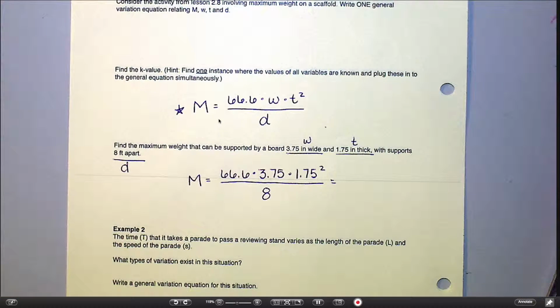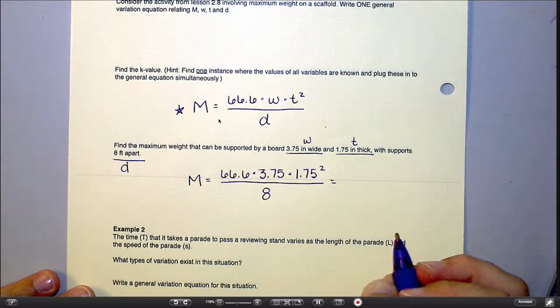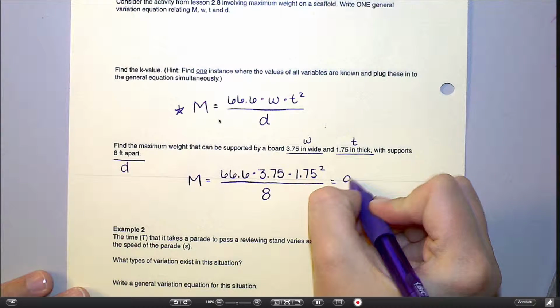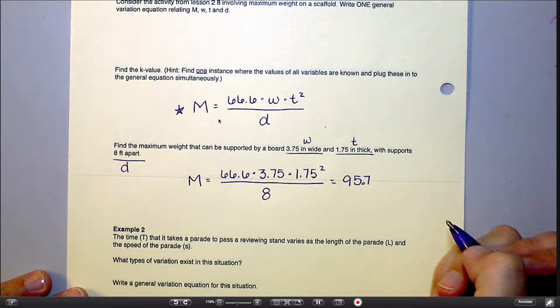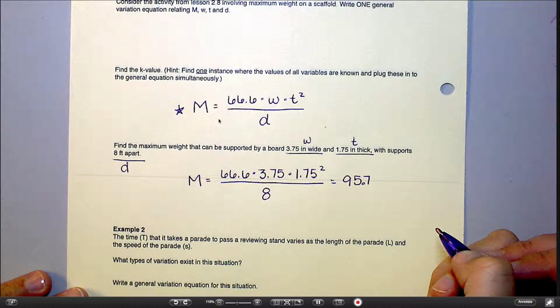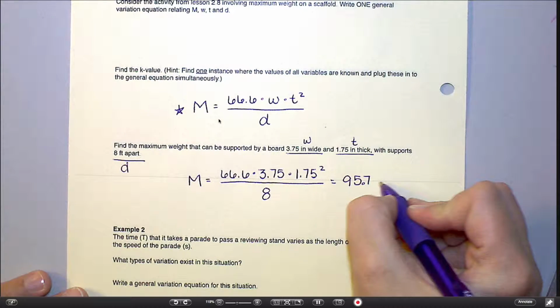Can you type away on that for me? Aaron. Drew, you got it? 95.7. That sounds right. Yep. And that's 95.7 what? 95.7 pounds. That's pounds. Good.